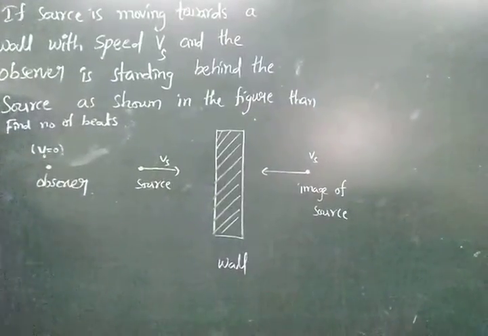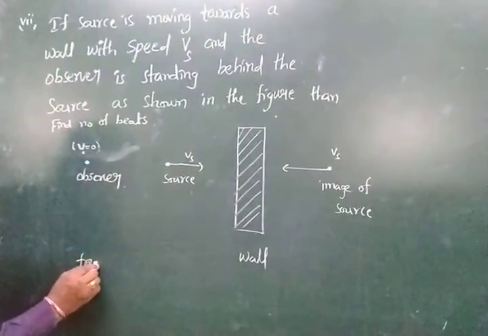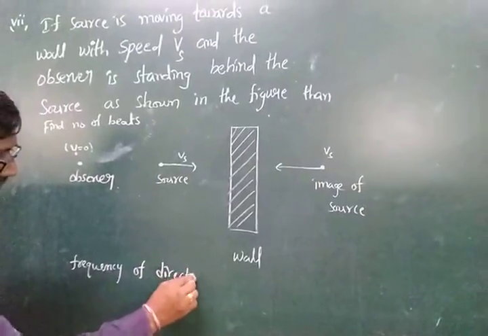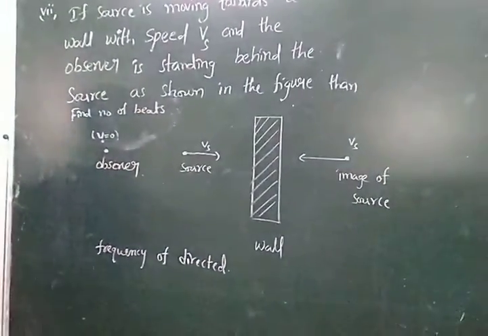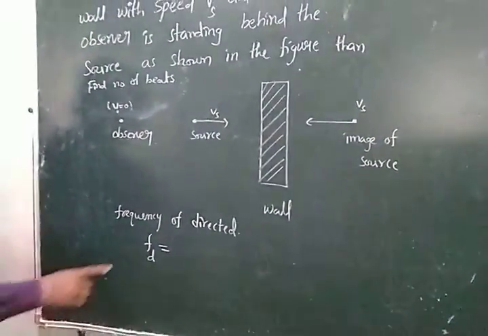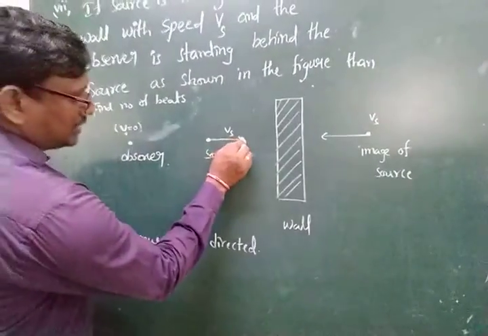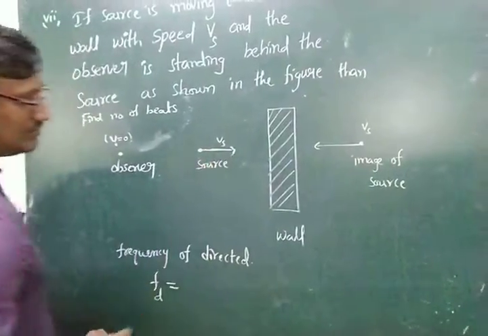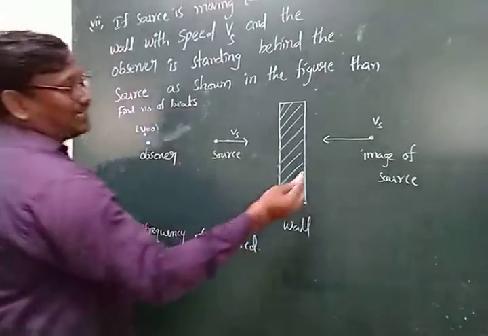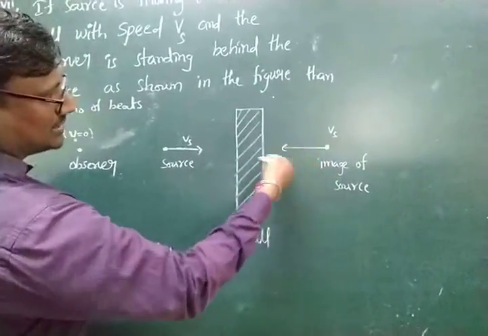First we discuss the frequency of direct, denoted by FD. Now the source is moving towards the wall and the sound is reflected, and an image can be formed.